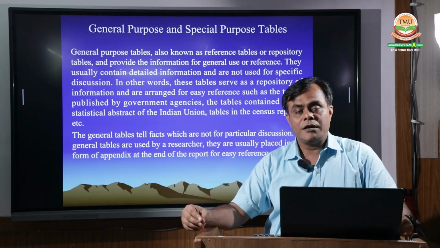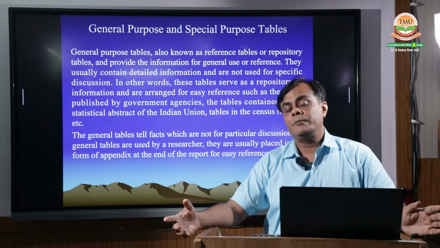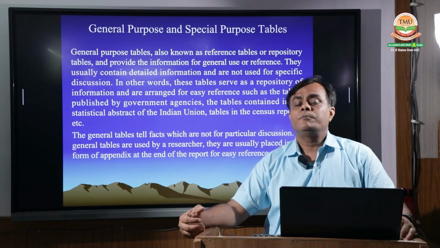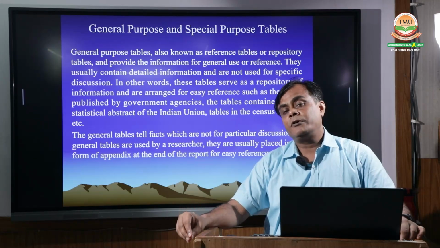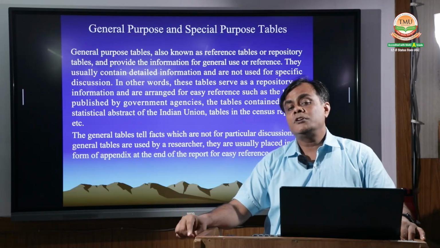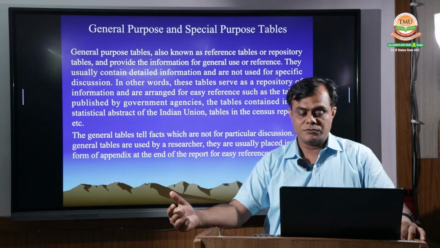Again I am repeating that the general purpose table is generally used by government agencies or publishers, and their purpose is that the information is usable by others for secondary references.